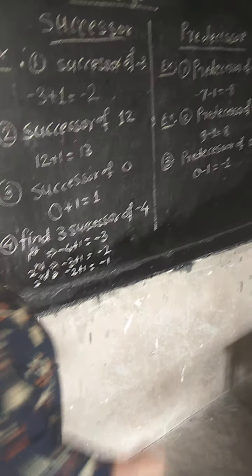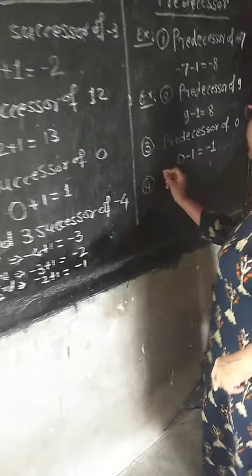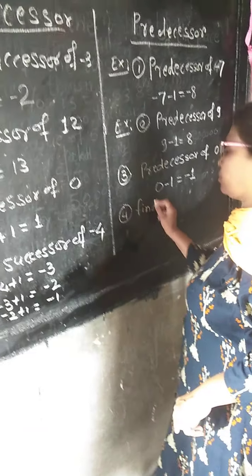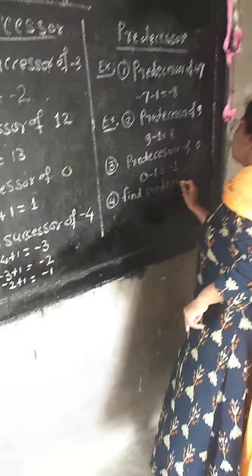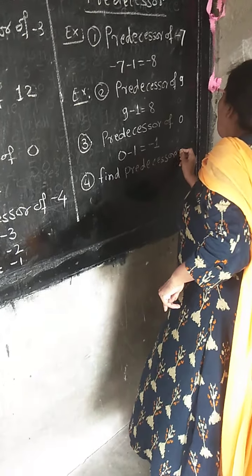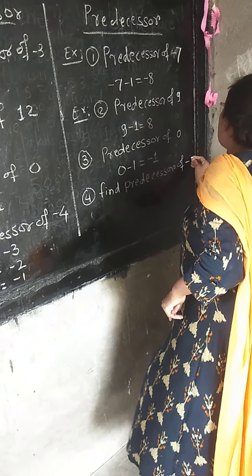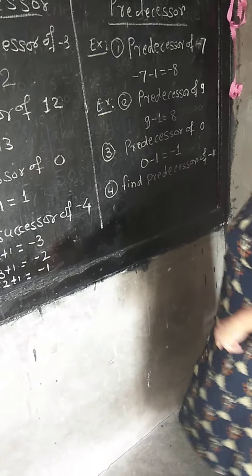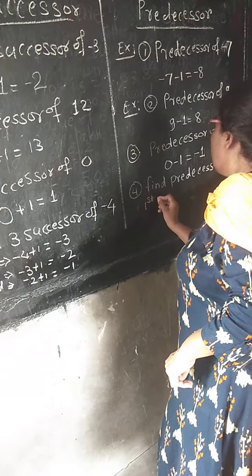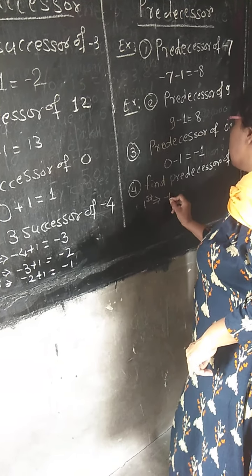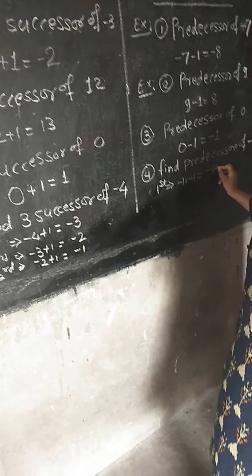Like that we have to find the predecessors. Find 3 predecessors of -11. Then what you have to do? First predecessor is minus 11 minus 1, that is minus 12.